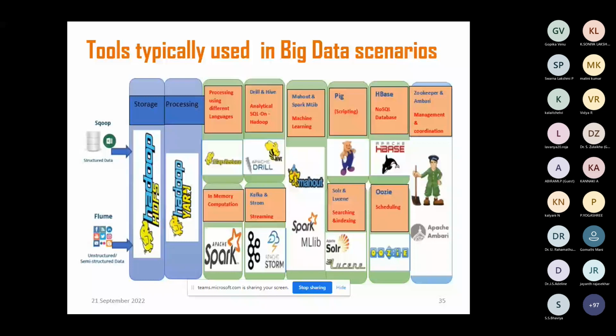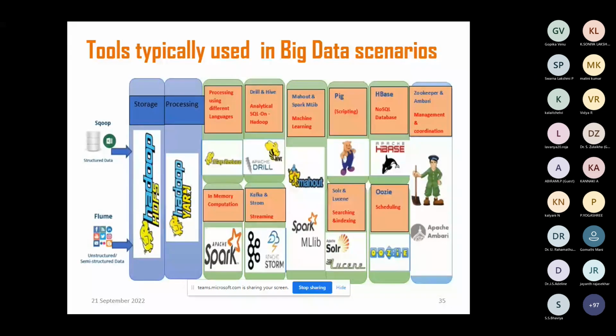And Solr and Lucene, these tools are used for searching and indexing, and for that purpose, these are widely used. And in the ecosystem itself, you have Oozie, which you can use for job scheduling. And HBase is a default database part of Hadoop.